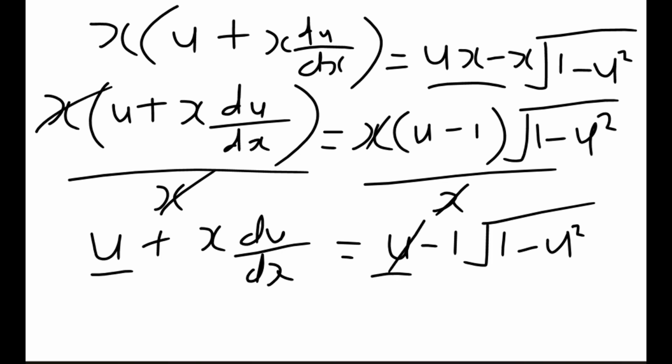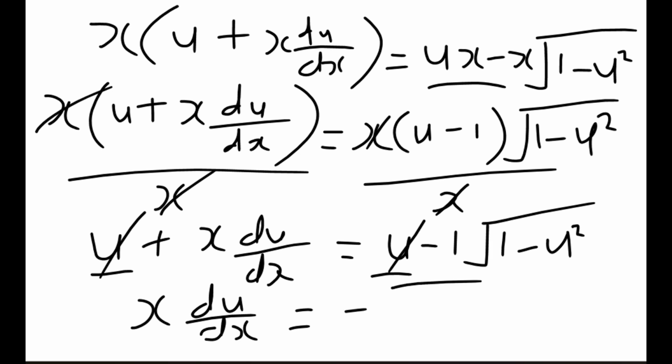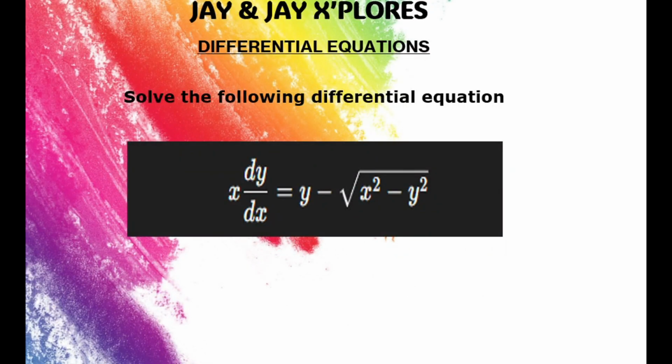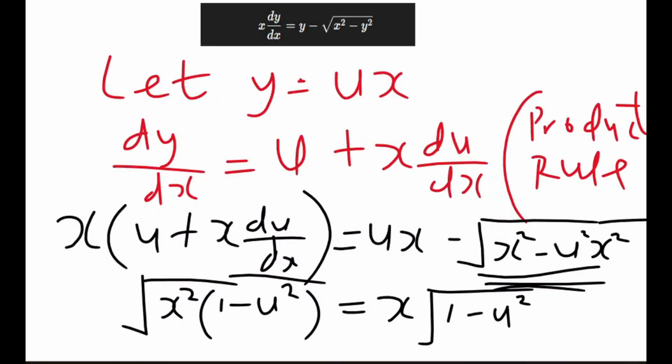Good. So from here we can see that u is common, and the 1 is positive, so when they cross over it is going to get negative, so they cancel out. So x du/dx is equal to minus the square root of 1 minus u squared. We didn't write minus 1 because 1 is an identity element. Okay, so let's move on.